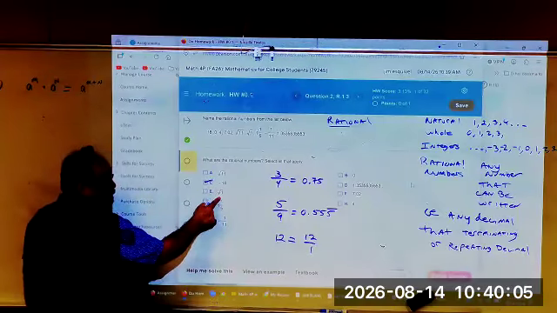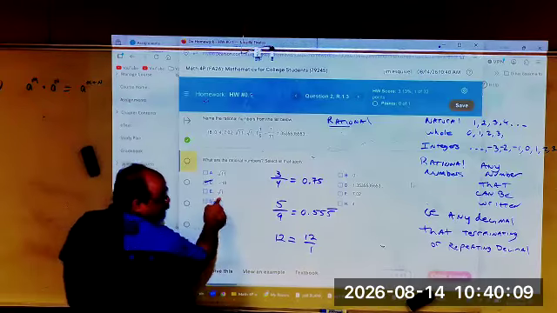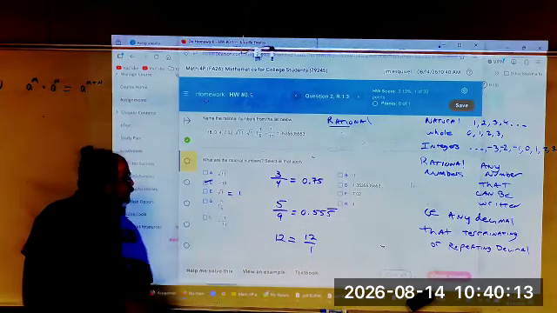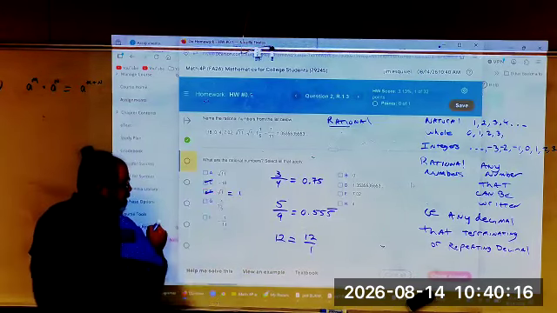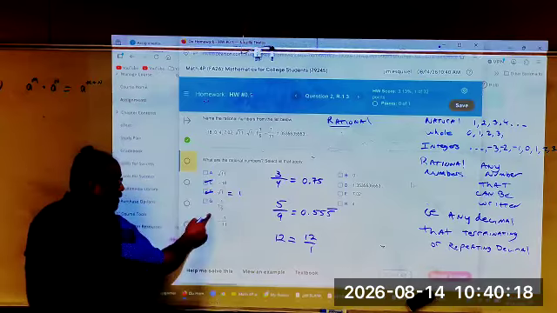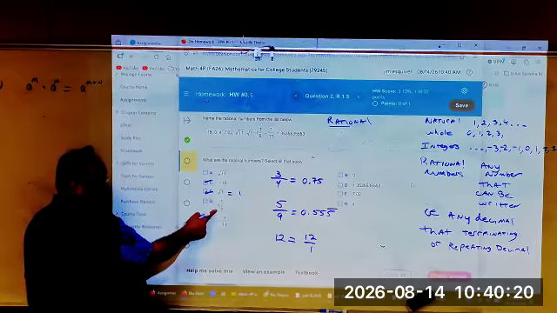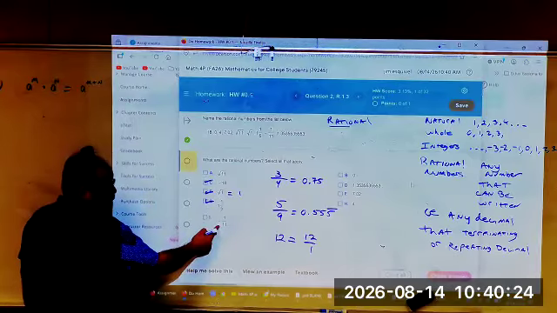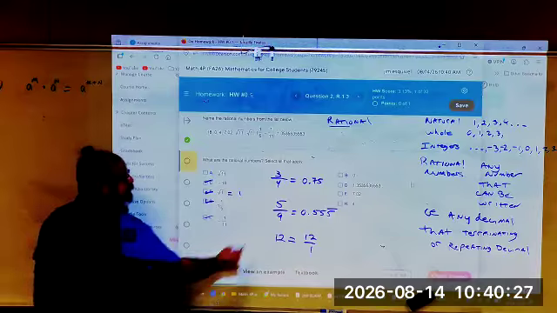What's the square root of 1? What times itself equals 1? So I can simplify that and get a 1. That's rational. Is that a fraction? Yeah. So that's rational. Is 0 rational?